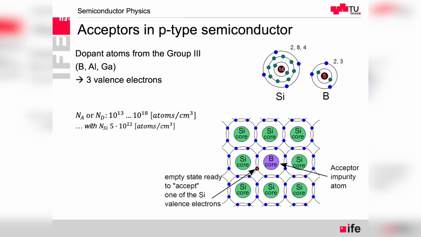We can see it as a possibility for charge transport, because this missing electron can move from one atom to another: an electron from the neighboring atom, by getting some additional energy, can move to fill in this hole, leaving the hole behind in a different location. And this propagation of the hole is also something that we see as charge transport, and we see it as a charge carrier.